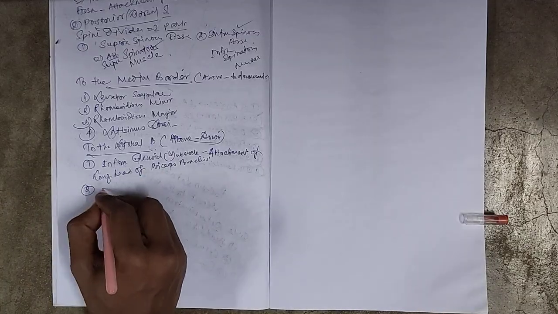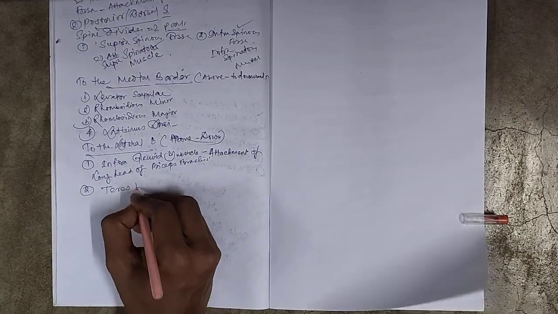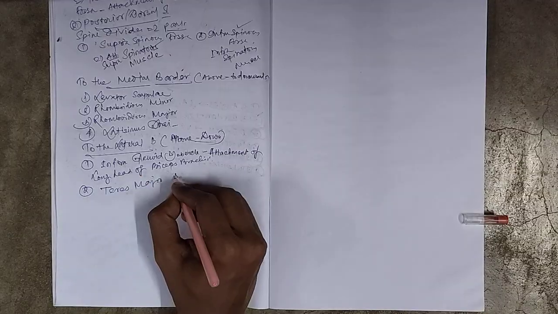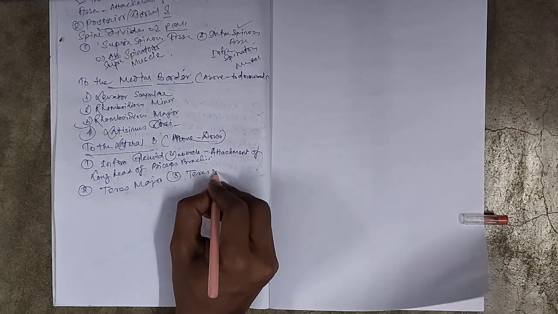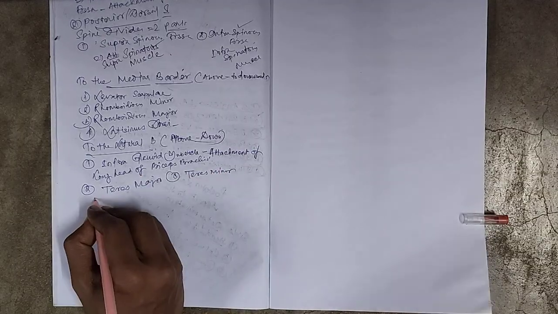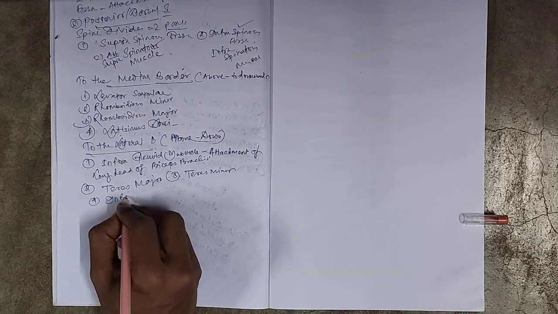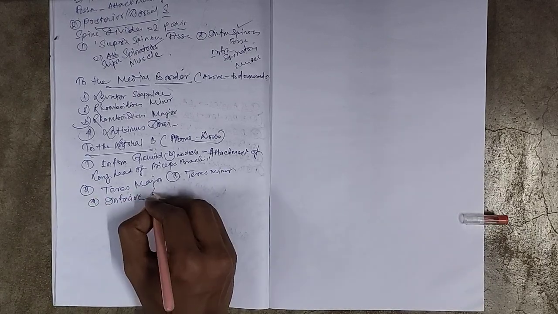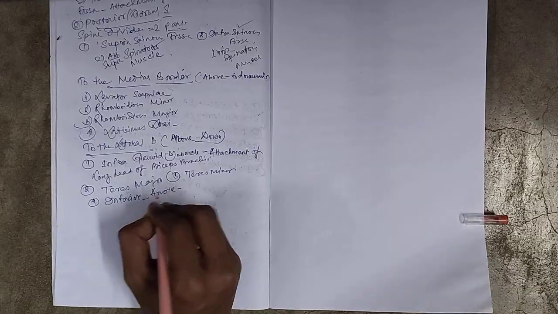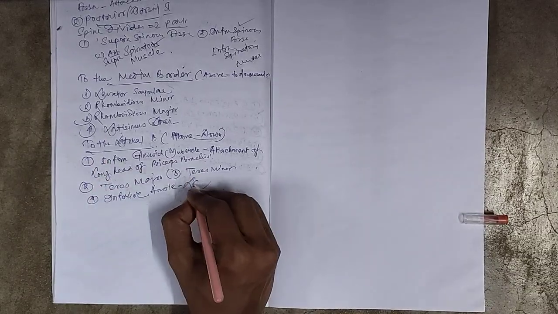Then number 2 is teres major. Number 3 is teres minor. And number 4, in case of the inferior angle, latissimus dorsi.